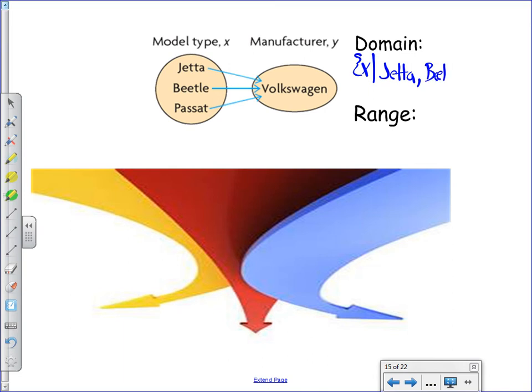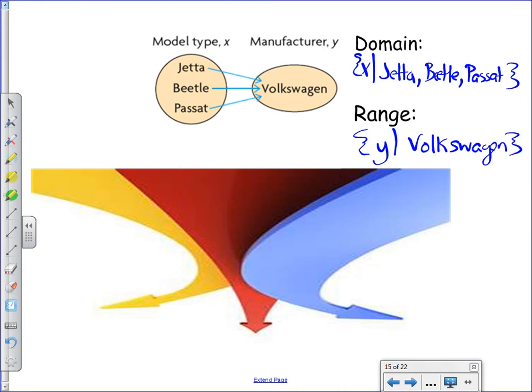Beetle? Jelly, butter, I don't know what those mean. So my range would then be what? Y such that y is a Volkswagen.